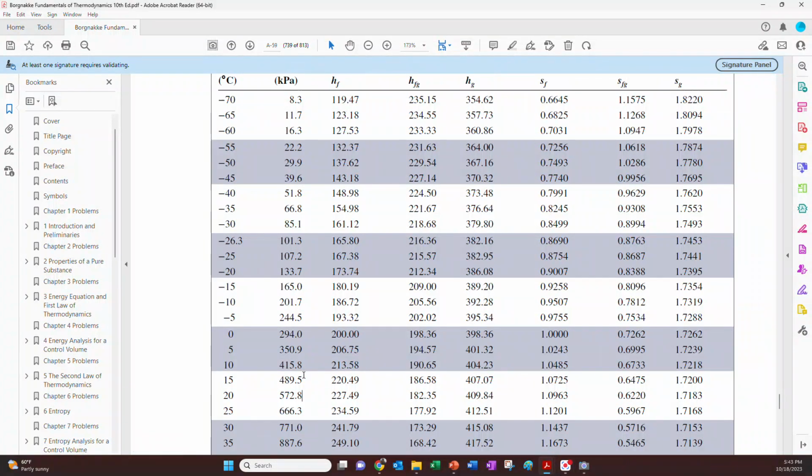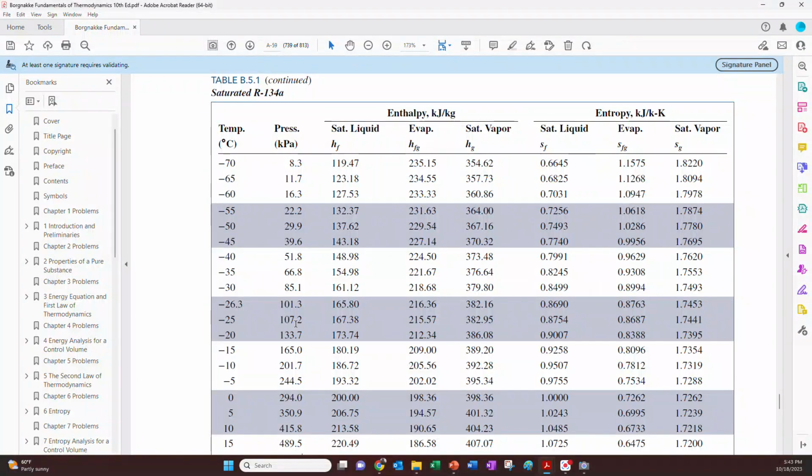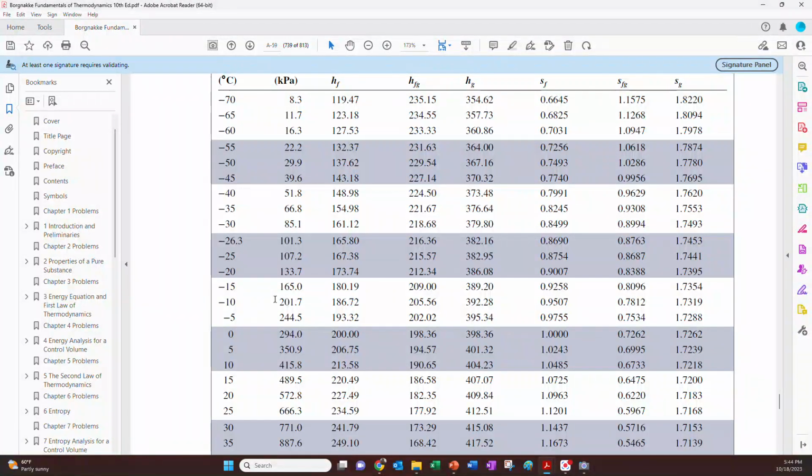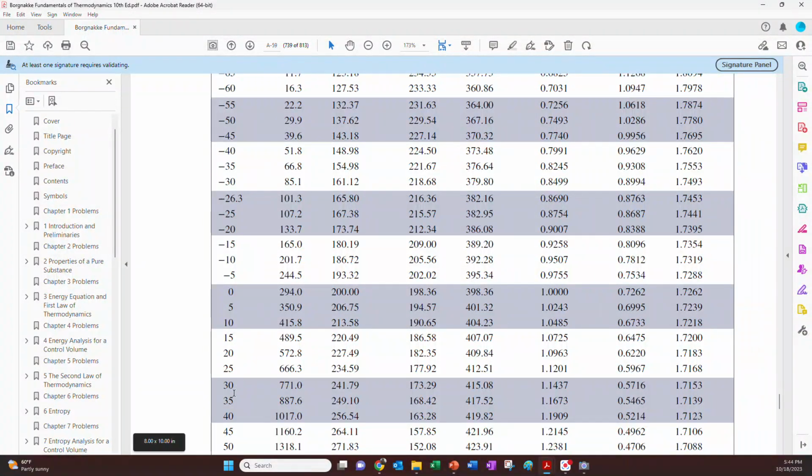What we want to do is take a look at the pressure that they were talking about. They said the pressure is 0.95 right in here, or we could go ahead and say the temperature at 35. There you go. Temperature at 35 degrees, you can see that the pressure is 887, whereas they said it was 0.95.